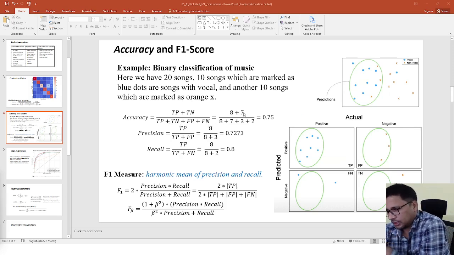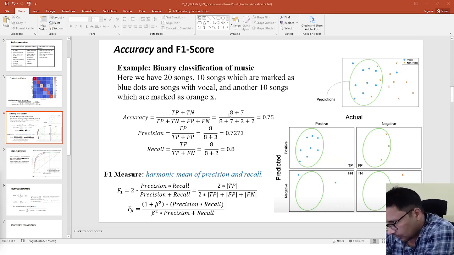Total. And here we have 8 samples correctly classified as vocal. These are the true positive samples, and the 7 samples here are the true negative samples, and we add them as correctly classified samples divided by all the samples, and our accuracy is around 0.75.